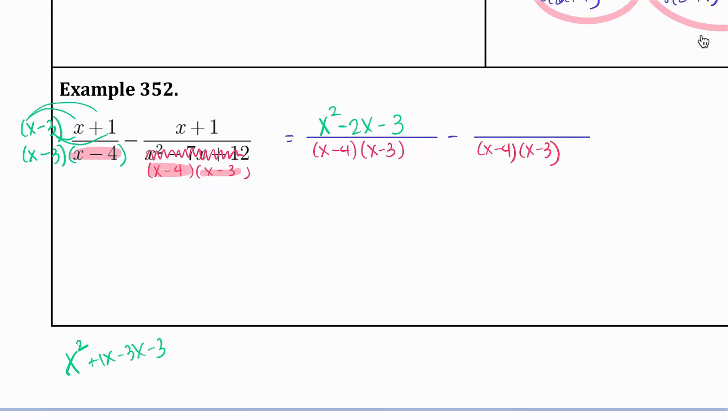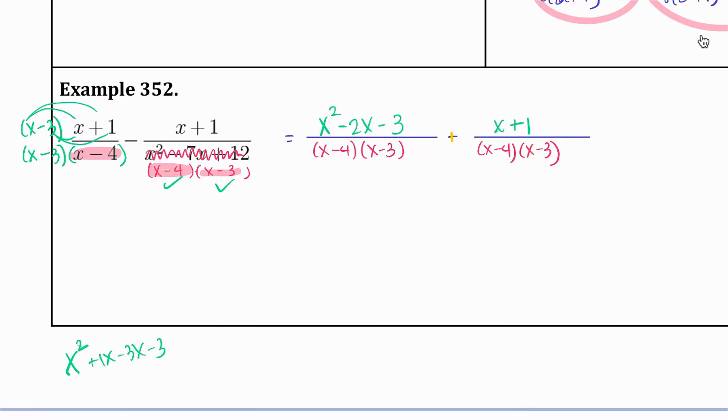Okay, for our second one, we already have the x minus 4. We already have the x minus 3. So we actually don't have to change that at all. Just x plus 1. Again, don't forget that this one is subtraction, so this is really minus x minus 1. So if it helps you, we could say, okay, I'm going to change that to minus x.